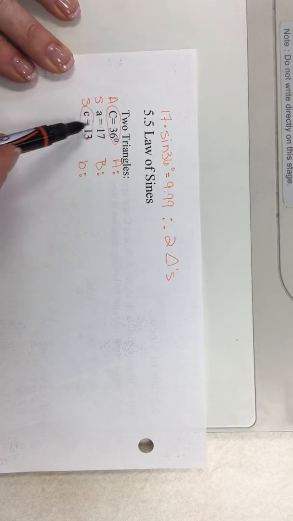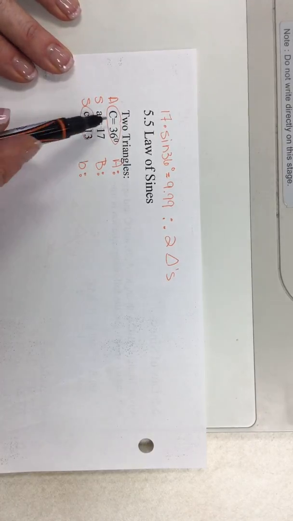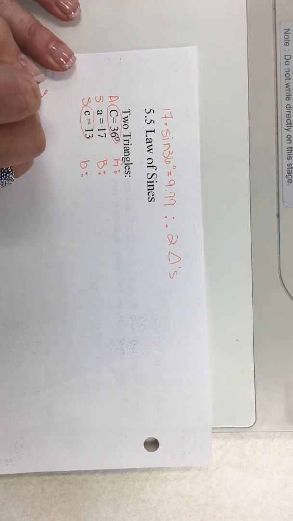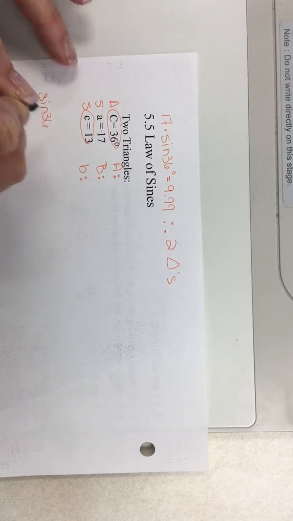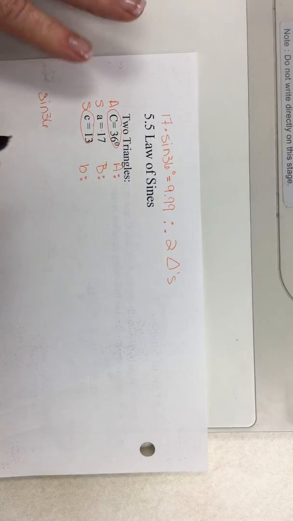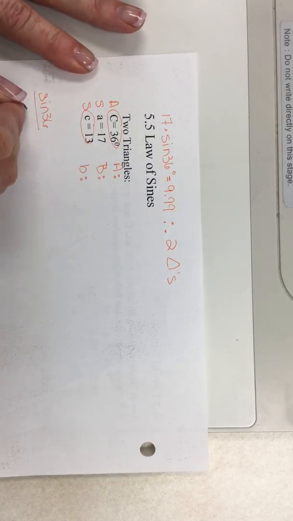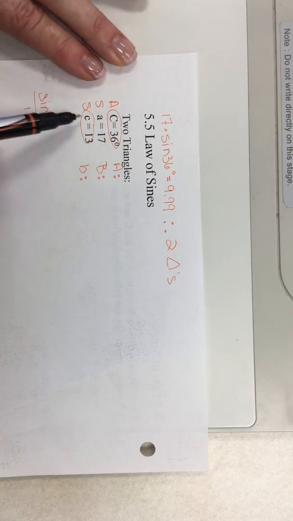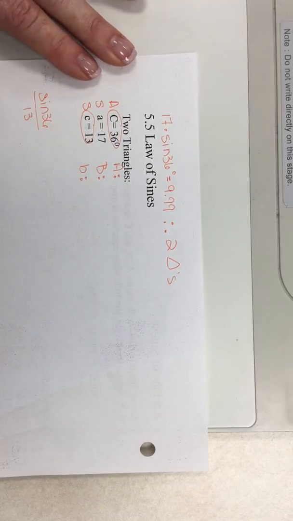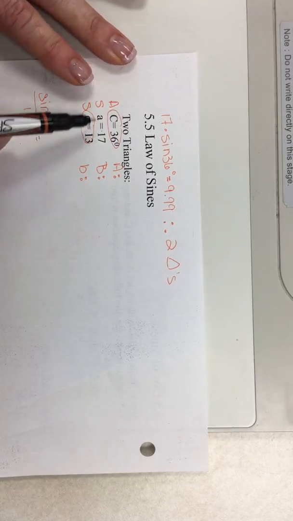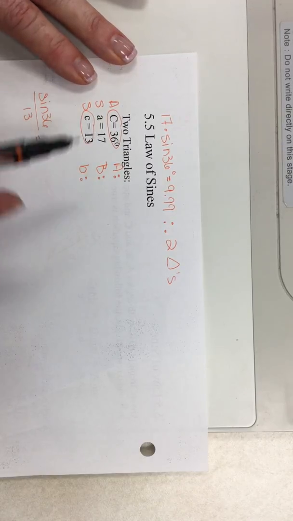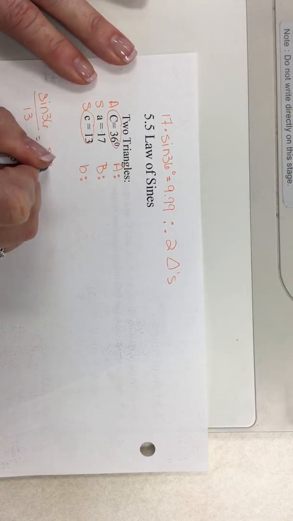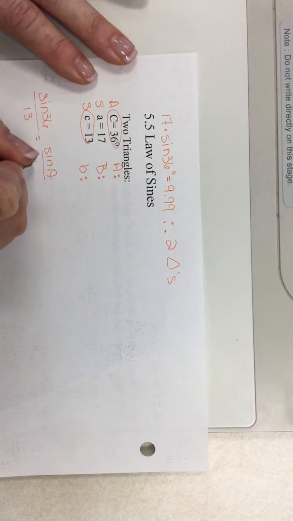So I'm going to start out using my ratio of the angle and the side that are corresponding together. I'm going to take the sine of 36 and divide that by the side. So I'm going to take sine of angle C divided by side C. Set that equal. Since A is given, I'm going to look for sine of angle A over 17.